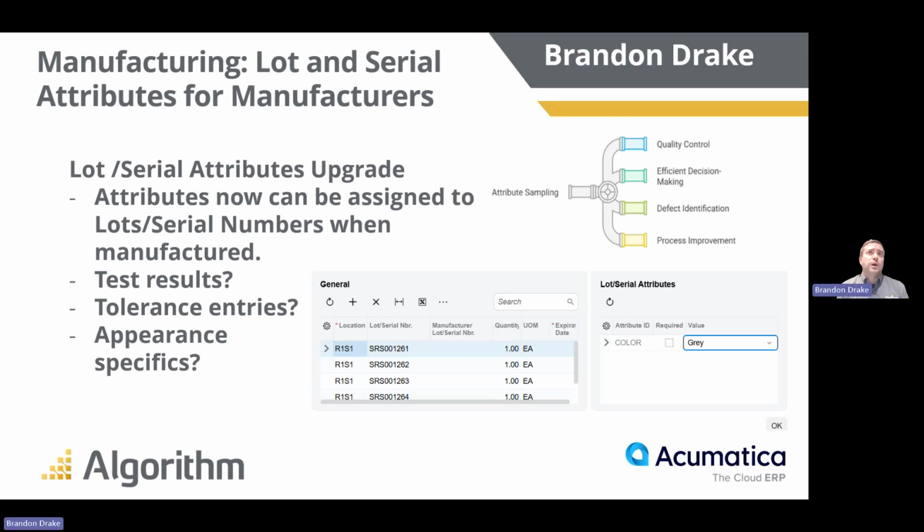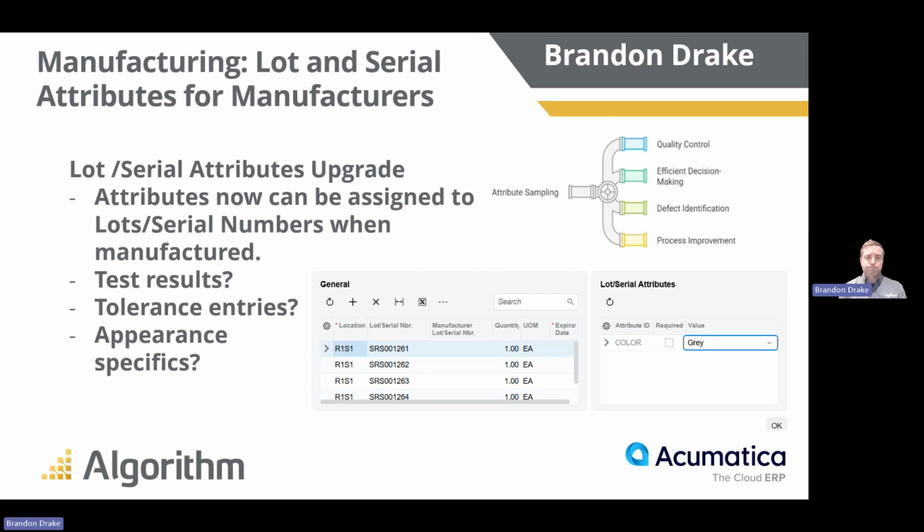Back when 25R1 was in beta, and when 2401 is when they started talking about the need for lot and serial attributes. Now, when they were released, they were kind of created for distribution and didn't really have the ability to enter in anywhere out of the box except on receipt screens.